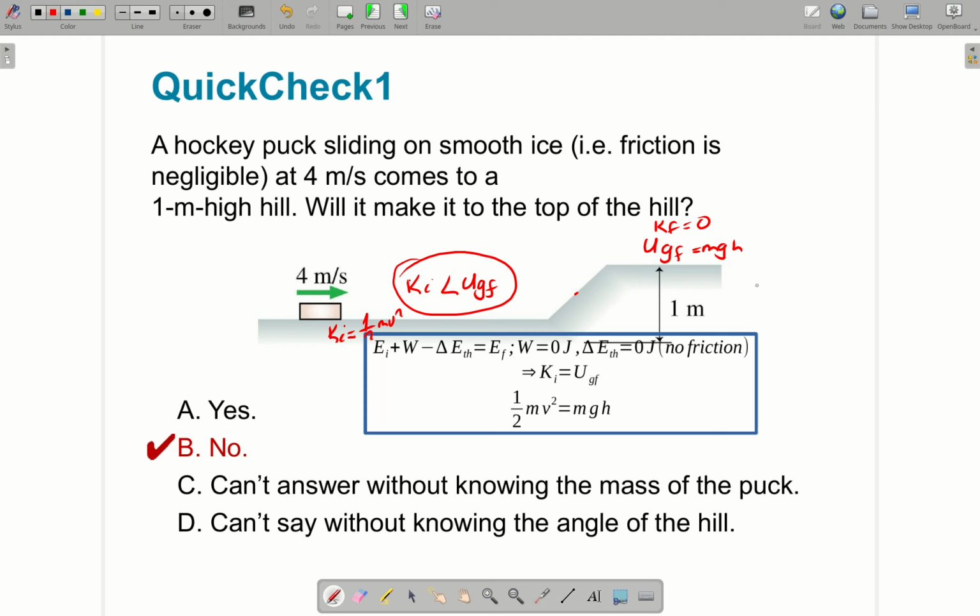Actually, I want you folks to go ahead and calculate this, and that's your duty. So apparently it can't reach up there, but it will reach to a height. What would that height be? What is the minimum height it can reach? At some point it will have 0 speed.